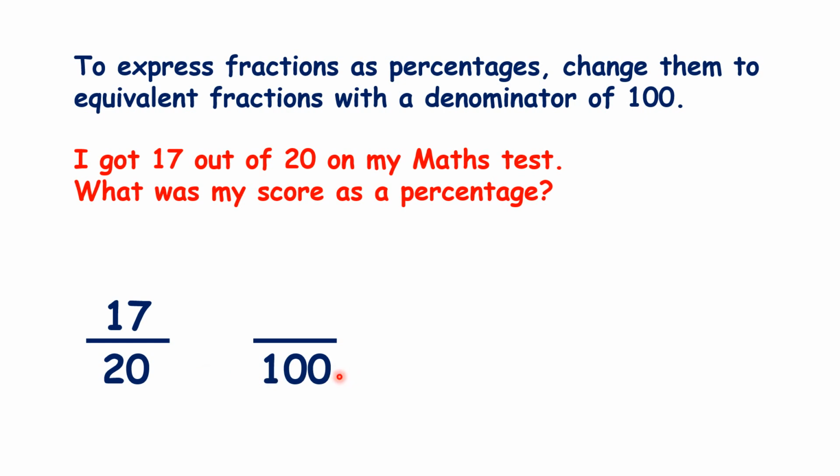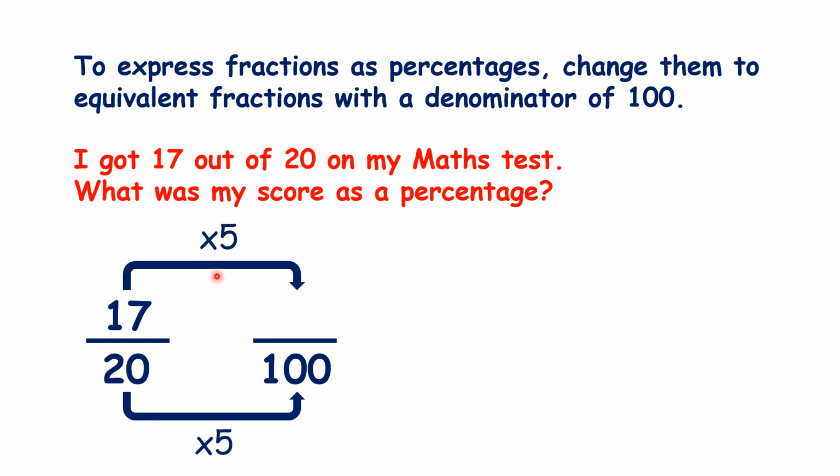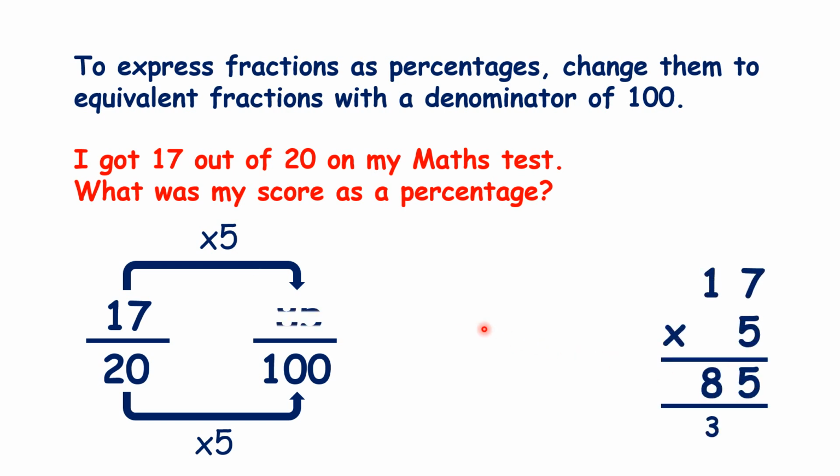To get to 100 from 20, we multiply by 5. So we need to work out 17 times 5. That's 85. So now that we've found our equivalent fraction with a denominator of 100, we know our percentage, 85%.